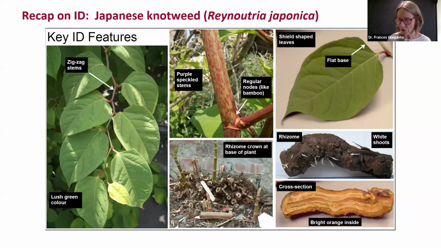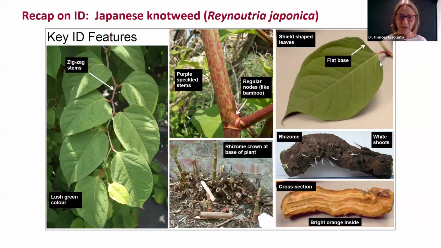So first of all, I just want to recap very quickly on how to identify it. We showed this in the first talk, but just for anybody who wasn't there or who needs that recap, one of the key features about Japanese knotweed is that it stands out from the rest of the native vegetation by its bright lime green color. The next most important thing is the leaves have a flat base.